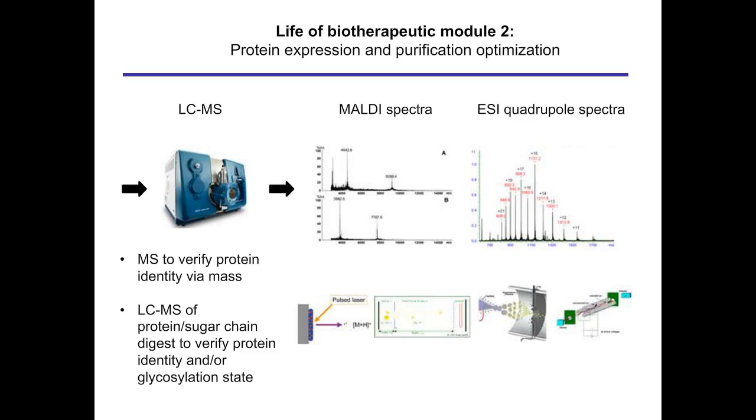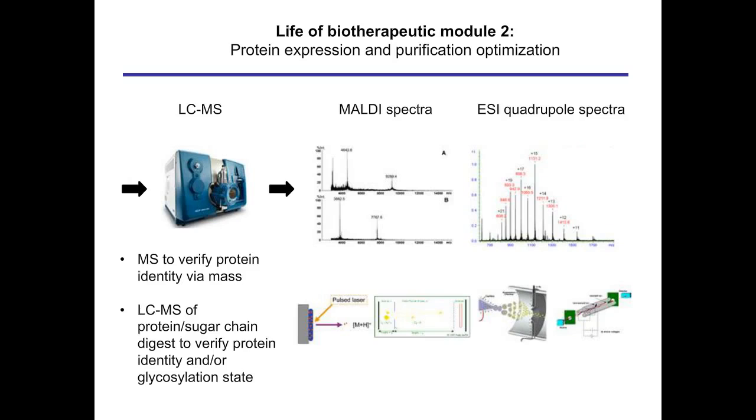And then, especially if you have multiple quadrupoles connected in tandem, you can fragment the peptides along the amide backbone and then read out the amino acid content of the peptides, like I show in the ESI quadrupole spectra at the top right, where the distance between each of the peaks is typically a function of the peptides that are fragmented along the backbone.